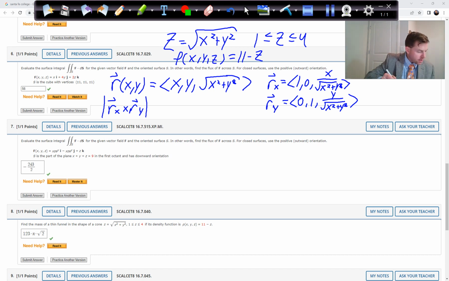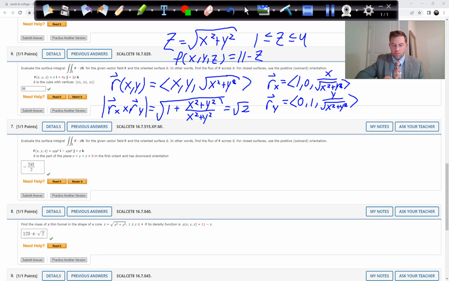And then when you take the magnitude, very similar to what we saw, it's going to end up being x squared plus y squared over x squared plus y squared, which equals 1, so it's the square root of 1 plus 1, which is 2. So I did skip the cross product here, and I've only shown you part of the magnitude equation, but we've seen one very similar to this, so I think you can get there.